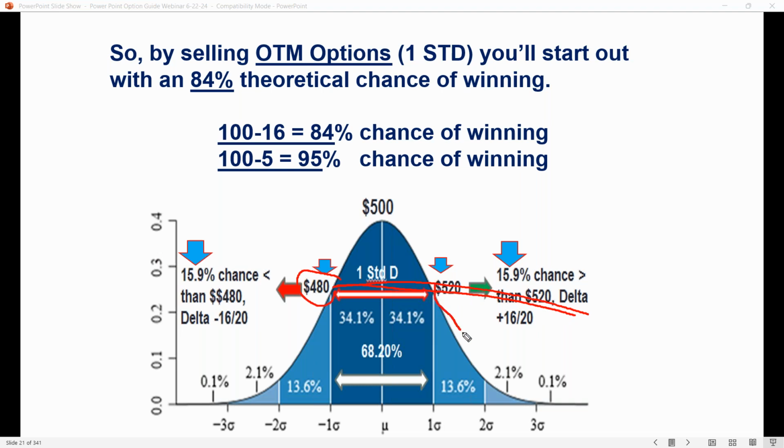Now, as we go further out, like 2 standard deviations, that's basically a plus 3 to 5 delta. So you can see your probabilities getting less and less. Typically, if you were to sell 2 standard deviations, there's only a 5% probability that price could ever get there. So the probability that price would be below is 95. That's how we can quickly assess the probabilities of your trade.